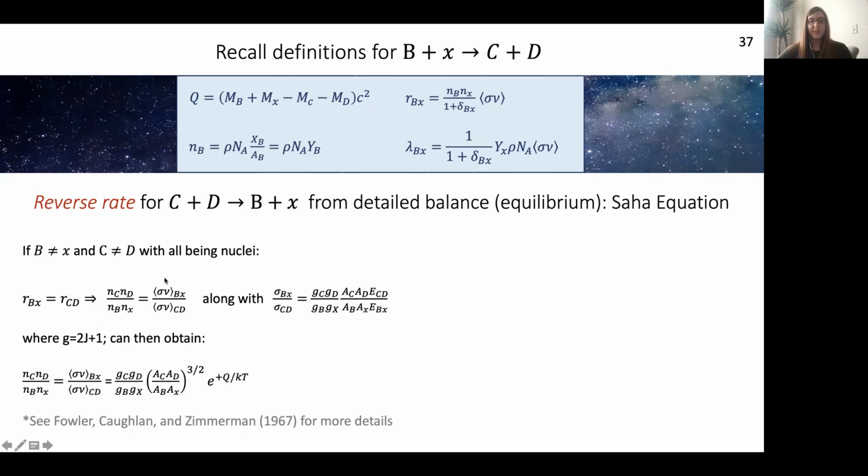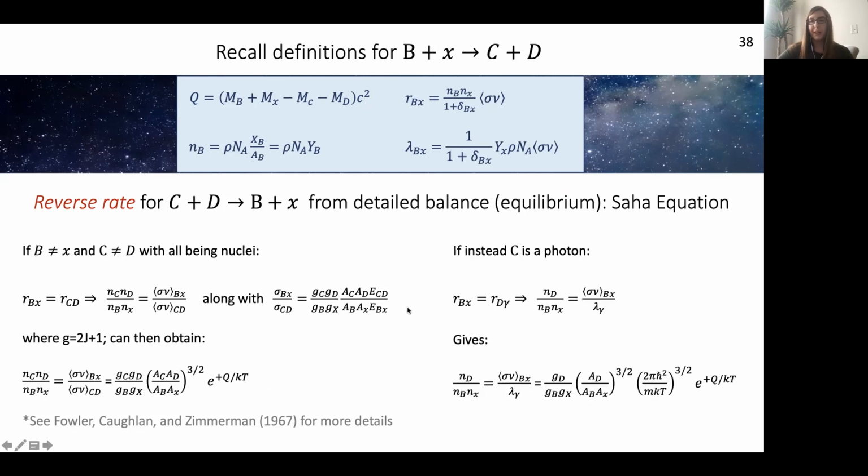So then putting this all together, you can obtain this, where essentially if you have the reaction rate in one direction, you can get the reaction rate in the other direction, or you can get the ratio of your number densities, etc. So this gives you relations between the number densities of constituents or rates if you need. So this type of equation is called a Saha equation.